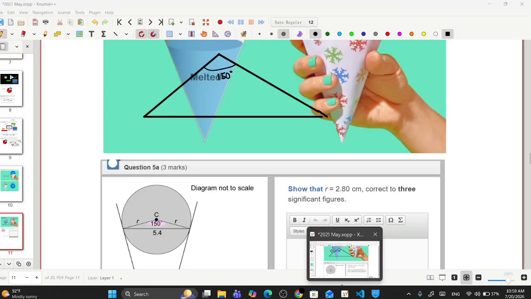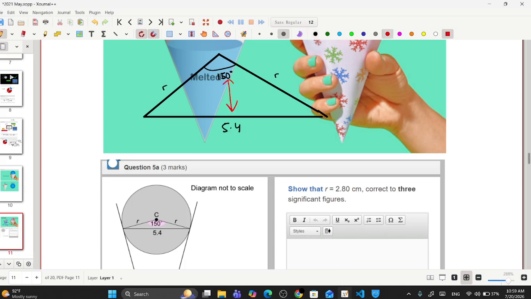And this is 5.4, this is R, and this is R. Now, since it is not a right angle triangle, it's a non-right triangle, and a pair of angle and side is given. I know that this angle can be considered as 15 degrees as well, because their opposing sides are numerically equivalent to each other.